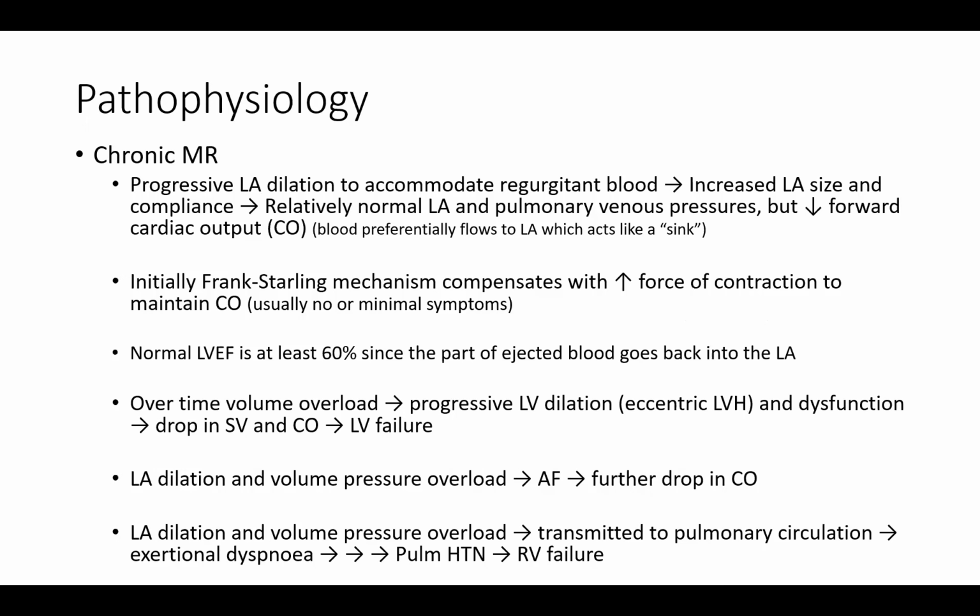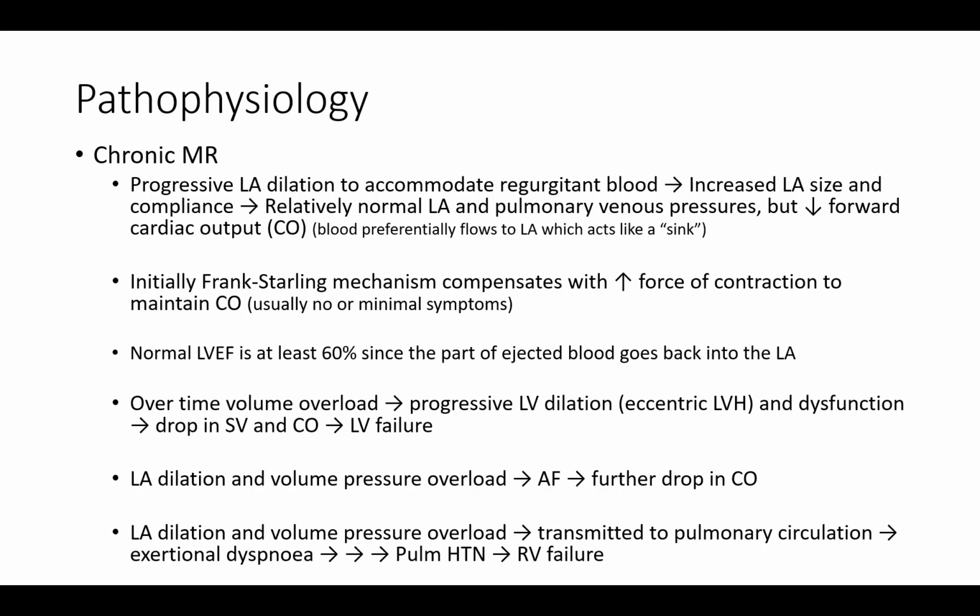For the chronic type, the backflow of blood leads to progressive dilation of the left atrium because it keeps dilating to accommodate this blood. Remember, the atria can dilate easily, they're not thick-walled, they're thin-walled. So it will increase atrial size and compliance.